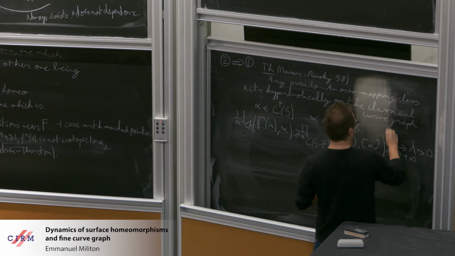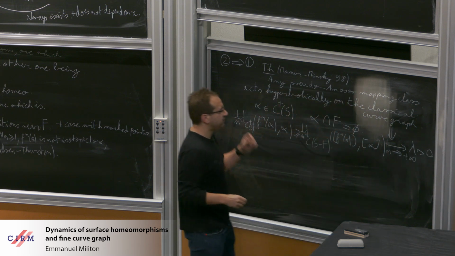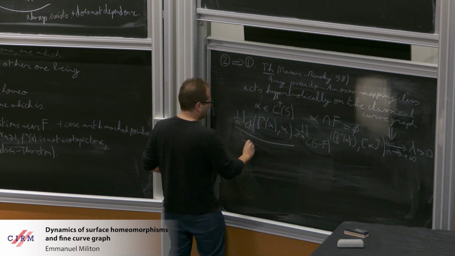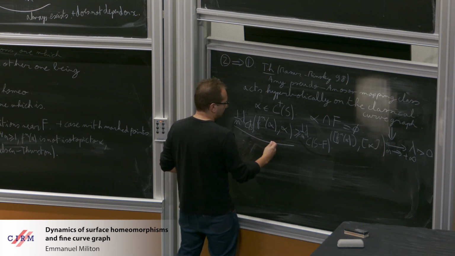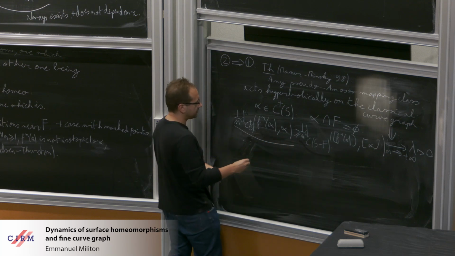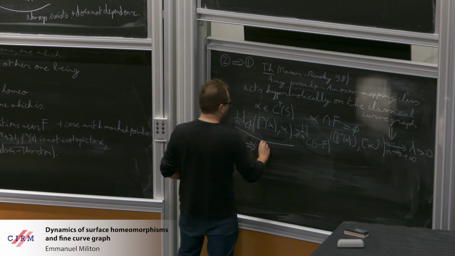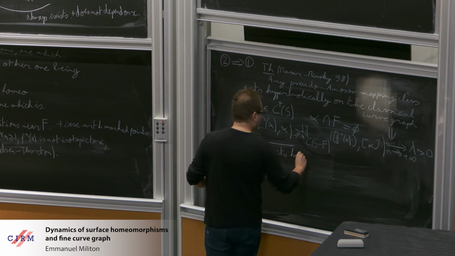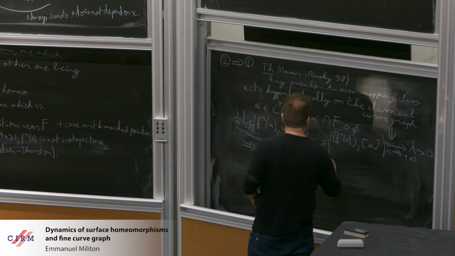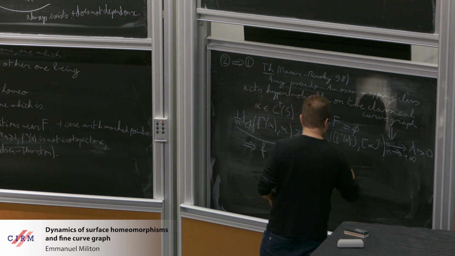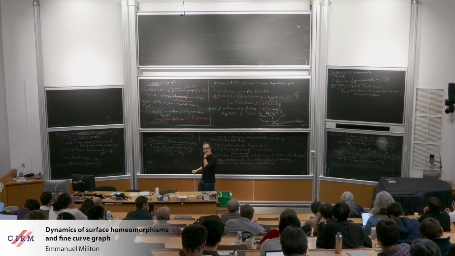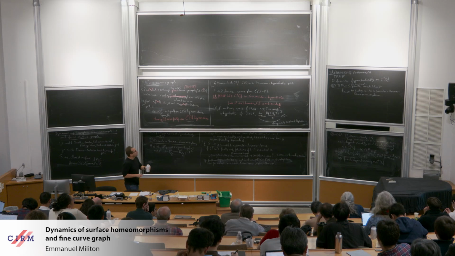So this is implied by Masur-Minsky theorem, so that this tends to something strictly positive, and so this implies that F acts hyperbolically on the fine curve graph. Is this okay? Okay.